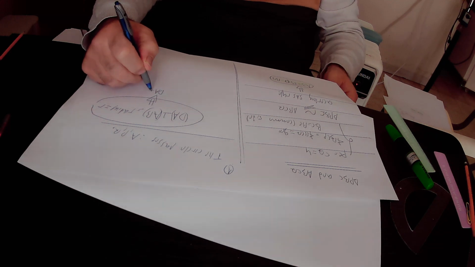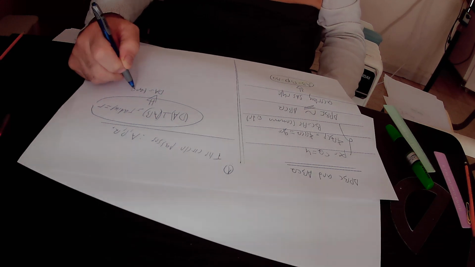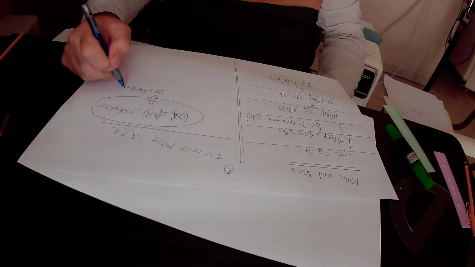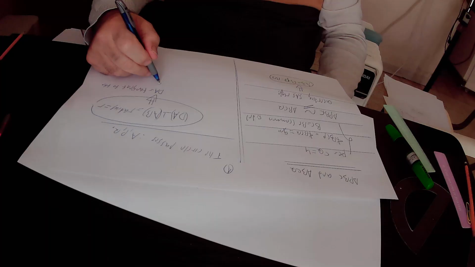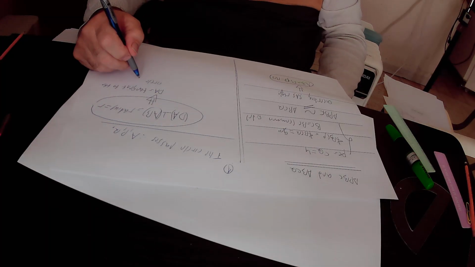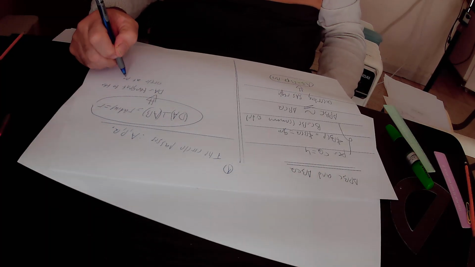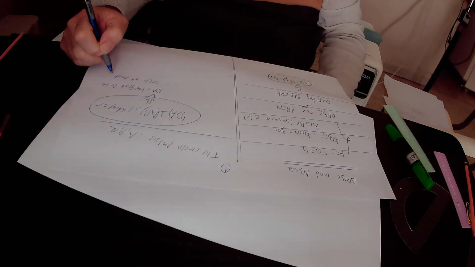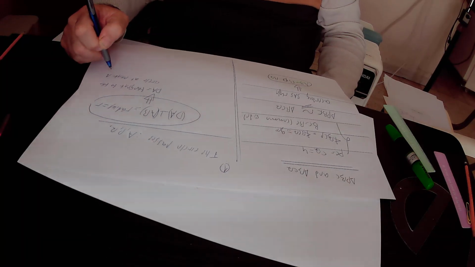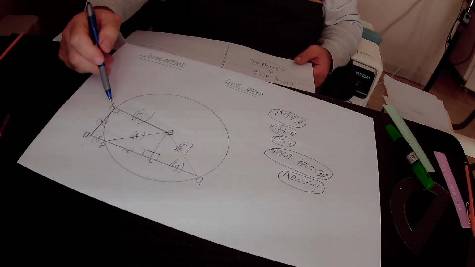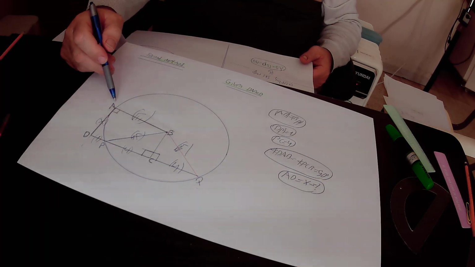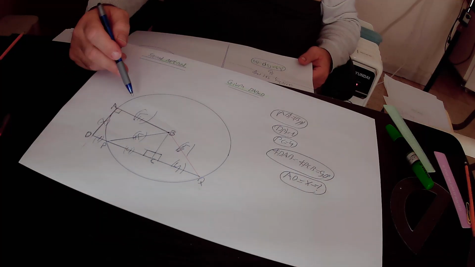DA is a tangent to the circle at point A. Here is the tangent of the circle at this point, point A. Point A is the point of tangency of tangent DA with this circle.